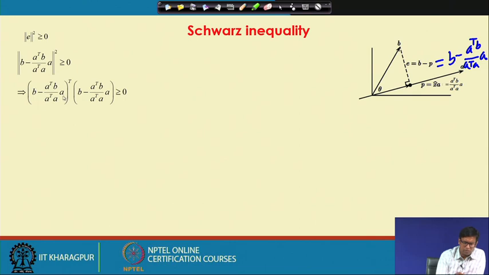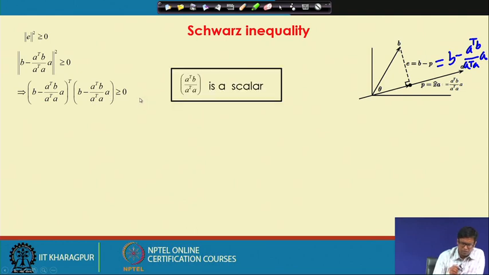So, B minus A transpose B by A transpose A into A, transposed, multiplied by B minus A transpose B by A transpose A into A, is greater than or equal to 0. Both A transpose B and A transpose A are dot products, so both are scalars.